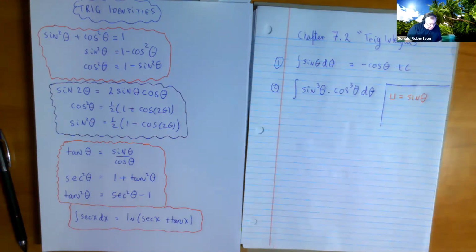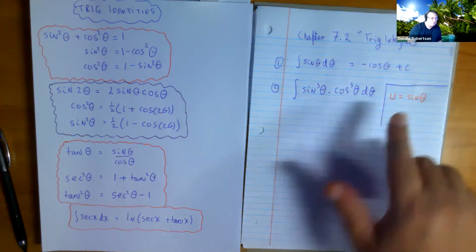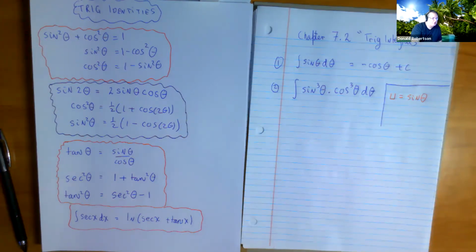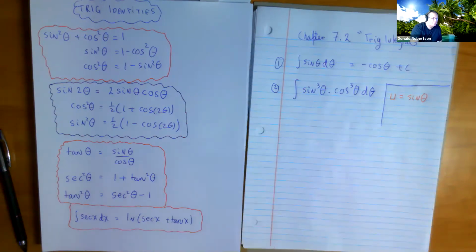Now, what will happen is that the answer will look quite different. When I use this one, the answer is going to have sine thetas and sine cubed thetas and stuff like that in it. If I use cosine theta, it's going to have cosine thetas and cosine squareds and cosine cubeds in it. So you could end up with two totally different answers, both of which are equally correct.